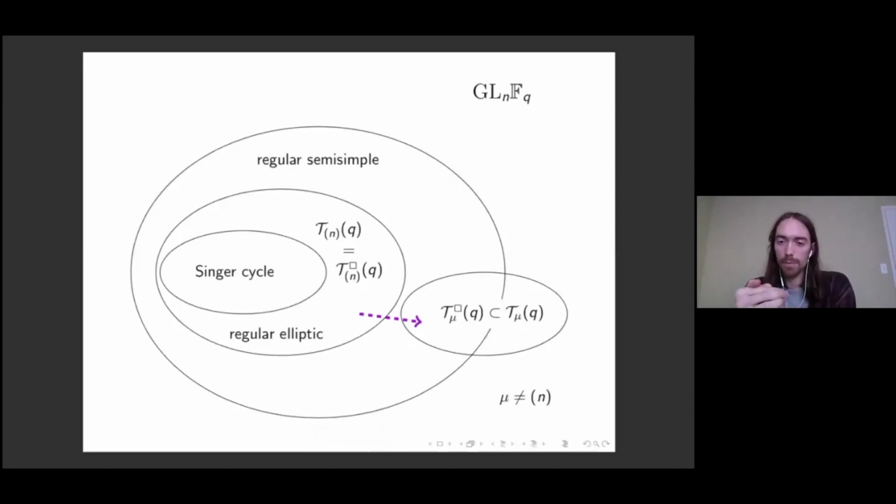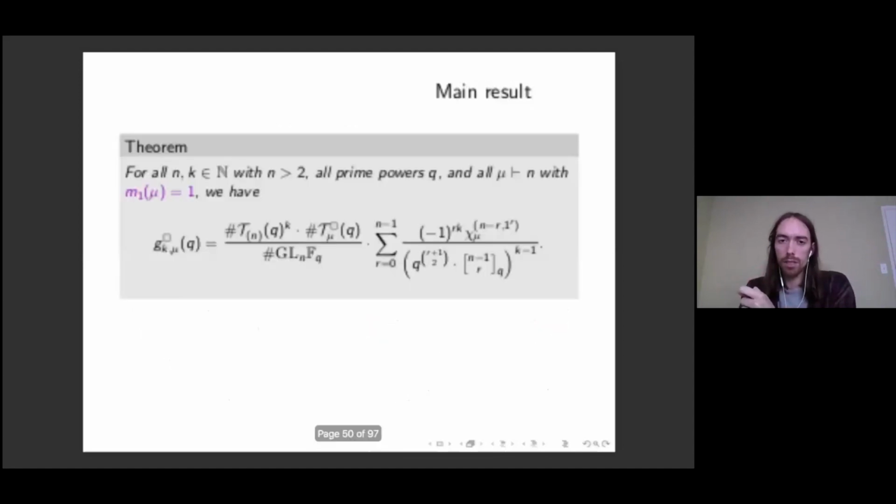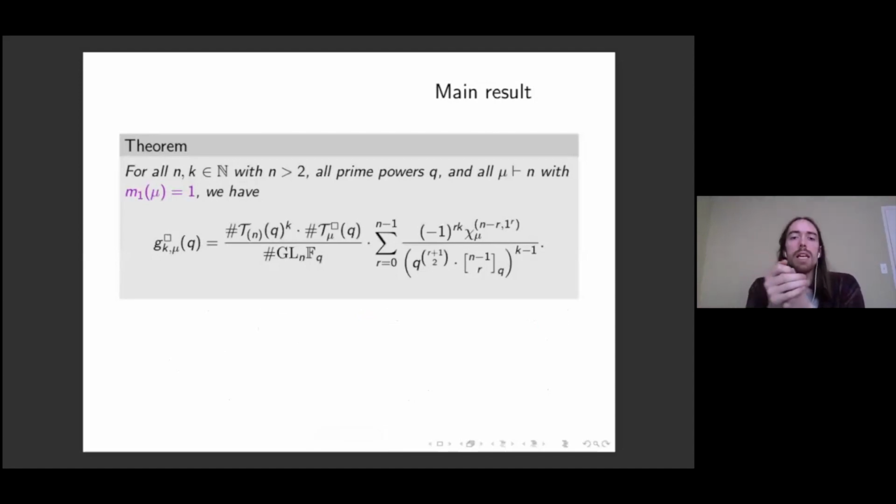Okay. So here is the main result. If you look at the particular case, which is what I've highlighted here, when that partition mu has exactly one part equal to 1, and every other part is bigger than 1, then here's the formula that comes up. And I'm also looking at just the regular semi-simple case.